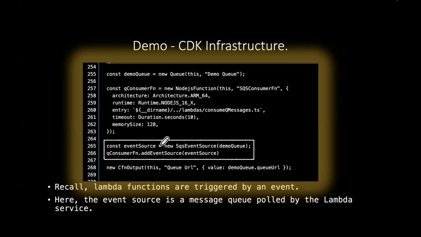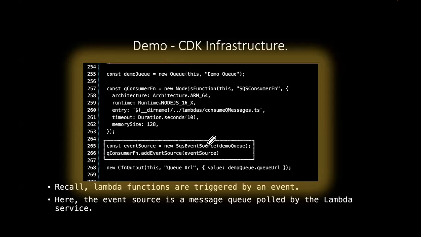And this is the part where you indicate that this Lambda is actually a consumer for this queue. So this is how you hook them up. You create an instance of an SQS event source. That's the term in the CDK world, as in, SQS is the event source for my Lambda.